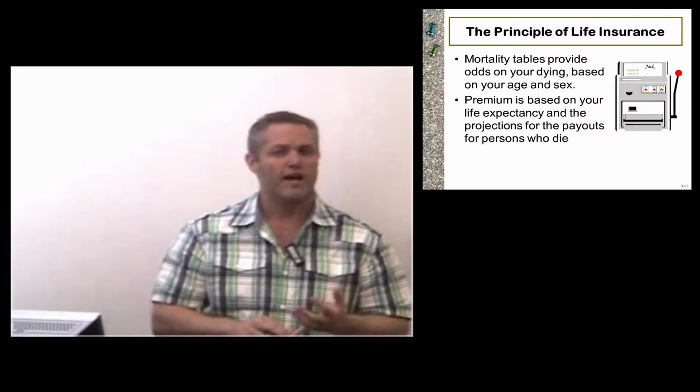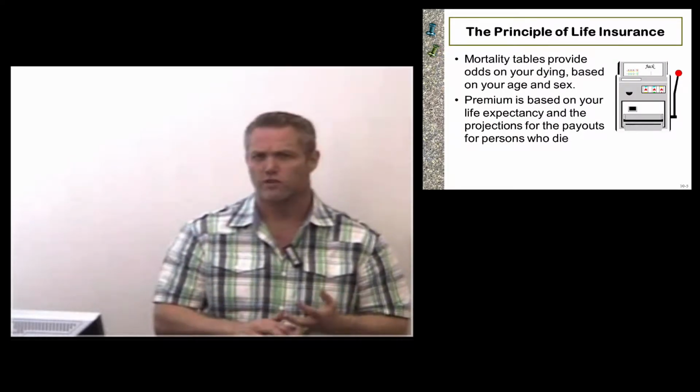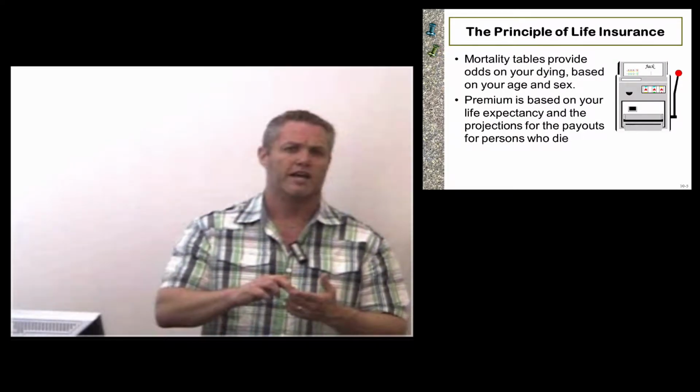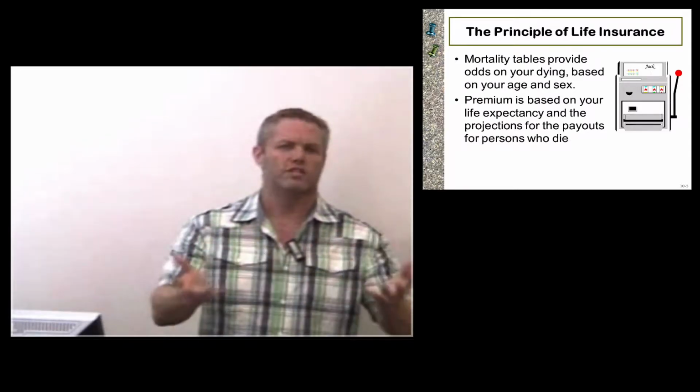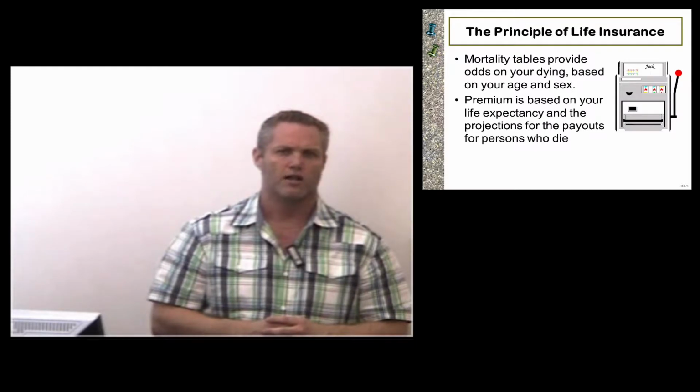And then on top of that $1,000, they've got a commission for the agent, they've got their overhead, they've got profits, and so you'll probably end up getting charged maybe $1,400, $1,500 for that policy. All right?